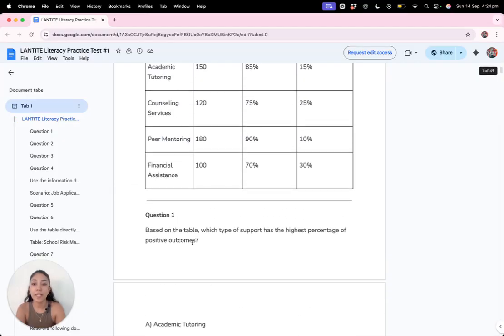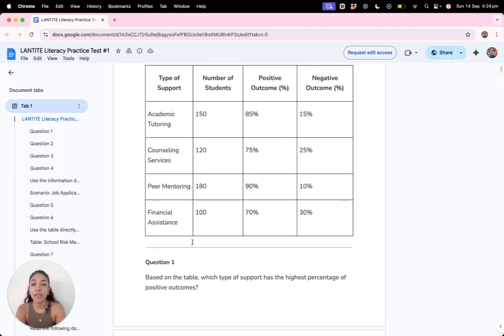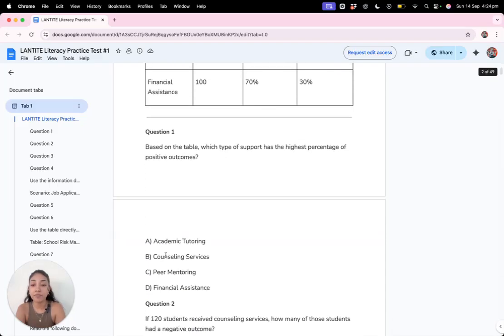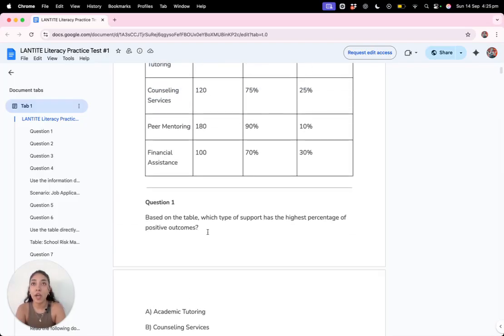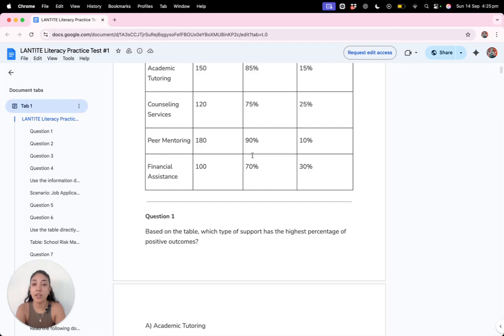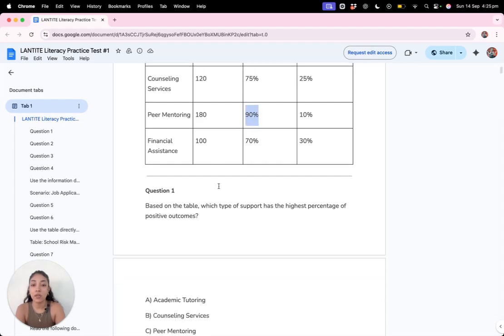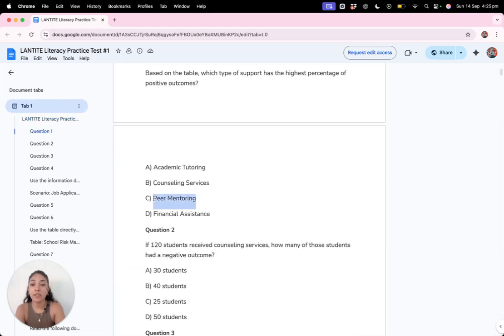So based on the table, I can see already that the type of support that has the highest percentage of positive outcomes is peer mentoring here. So answer C, peer mentoring. And that is because peer mentoring has the highest percentage of positive outcomes at 90%. Okay, so that one is C here.